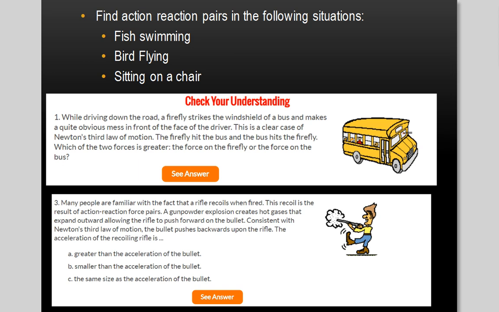So the fish swimming, the bird flying, and sitting on a chair, they're all examples that are easy to visualize. How does a fish move? How does a bird fly? And how do you sit on a chair? Like, why don't you just fall through the chair? Because chairs are solid.